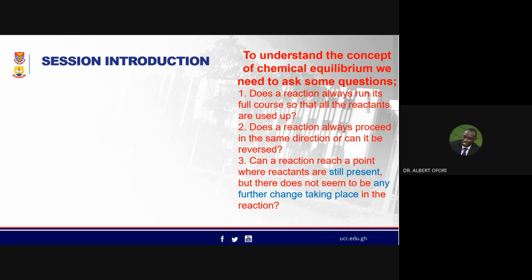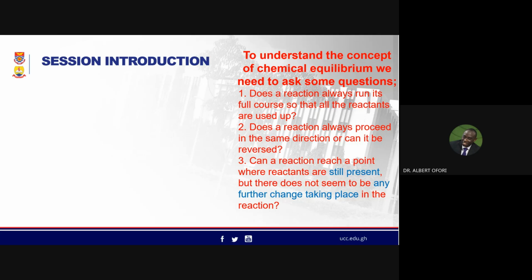We want to understand it, address one or two questions about what it actually is, and also put in some practice. We need to address a few questions: what happens in chemical equilibrium when the reaction is going on and we say that equilibrium is established? Does the reaction always run its full course so that the reactants are fully used up or not?